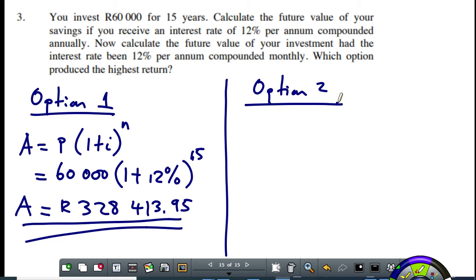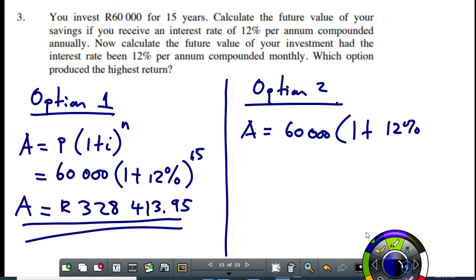Now with option 2, the interest rate is 12% per annum compounded monthly. Since I've written the formula already, I'm not going to repeat it. Where there is P, I'll put 60,000. Where there is I, I can write 12% over 12, because the interest is compounded monthly.